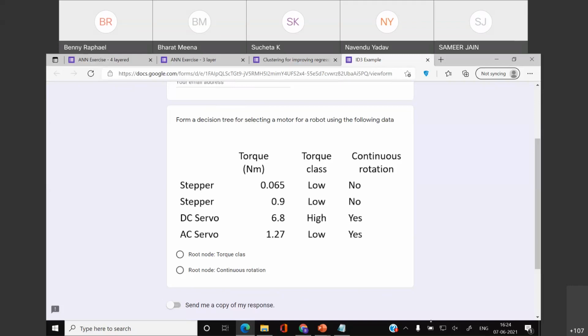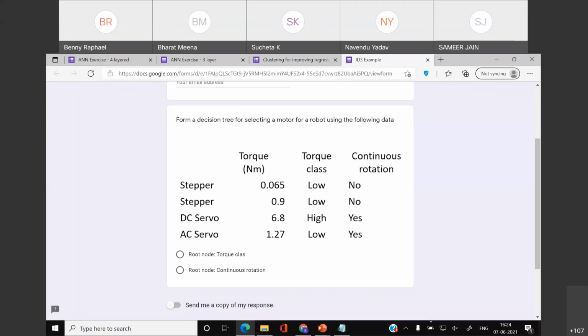So I'll ask one of you to explain why you think the root node should be this or that. If I apply the Gini index, the gain is more in continuous rotation as compared to the torque class, because it is a 50-50% probability. Half of the responses are no and half of the responses are yes.